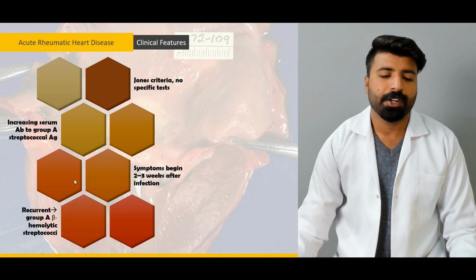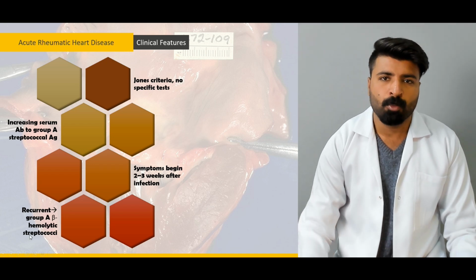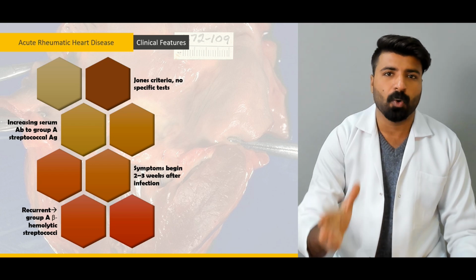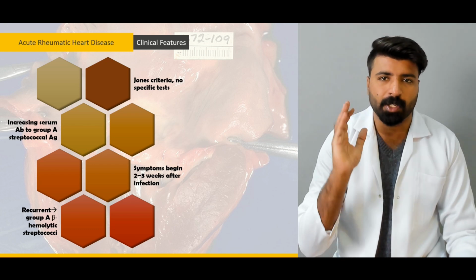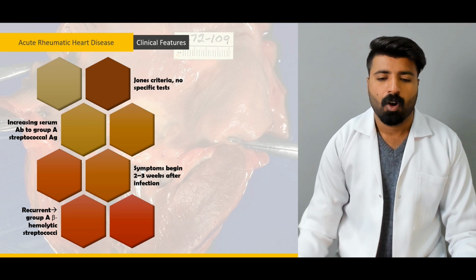The fourth one is recurrent group A beta-hemolytic streptococci. Either recurrent infections happened, due to which more and more antibodies are produced, more and more cytotoxic T cells are produced, and they're going to attack those cells, that sarcolemma, that glycoprotein structure.